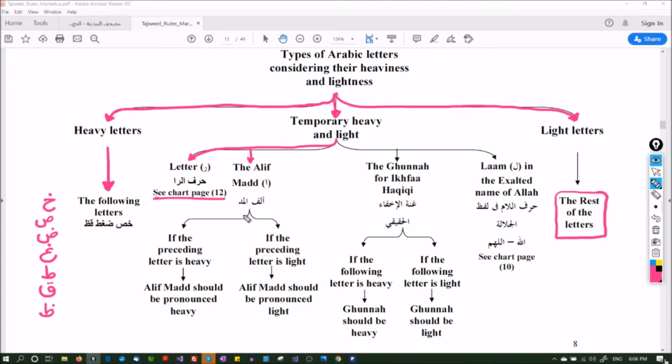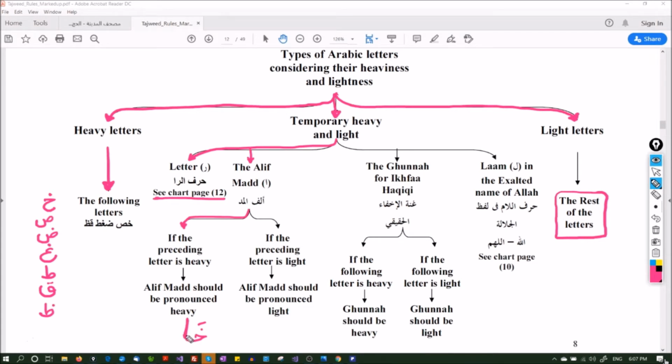How does it transpire? Alif Mad. Let's look at this branch here. If the preceding letter is heavy, Alif Mad should be pronounced heavy. For example, let's take Kha. So I will write down a scenario. Kha, let's say, and this is your Alif. So if I put a Fatha here, because Kha we know is heavy, and you have your Alif here.